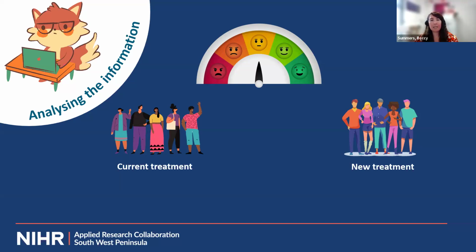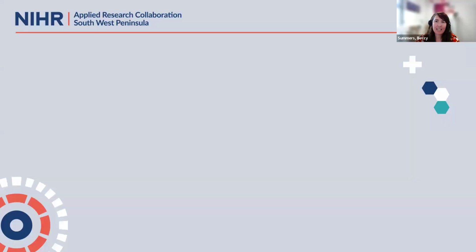So that's how we find meaning from all the data or information that we've collected. So I'm just going to hand over to Annette, who's going to share her example of being involved at this stage. My apologies about that.